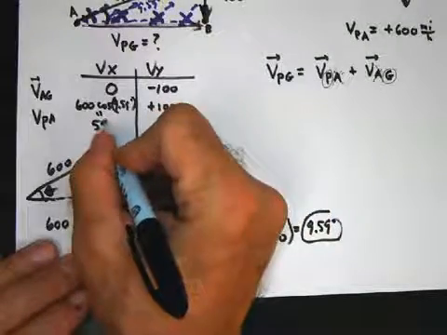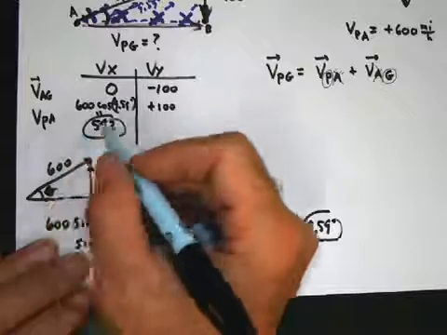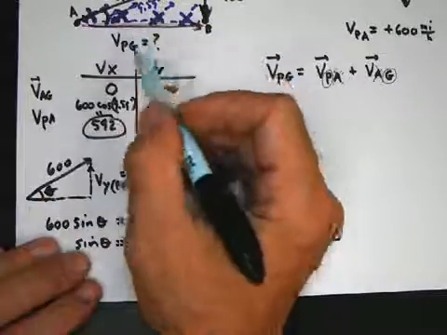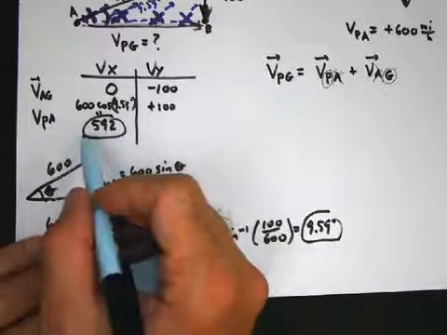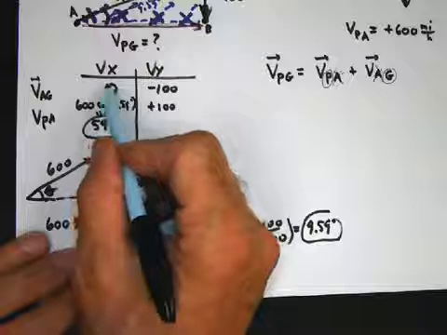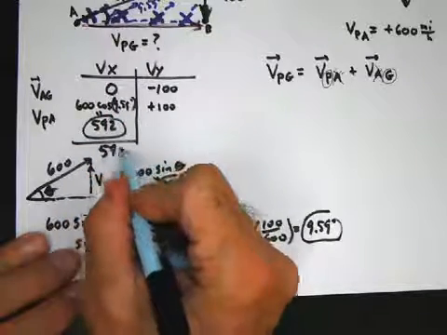So this is the x component of the velocity of the plane with respect to the air. The x component of velocity of the air with respect to the ground is 0. We add the two up, it comes out to be 592. The vertical components added up to 0.